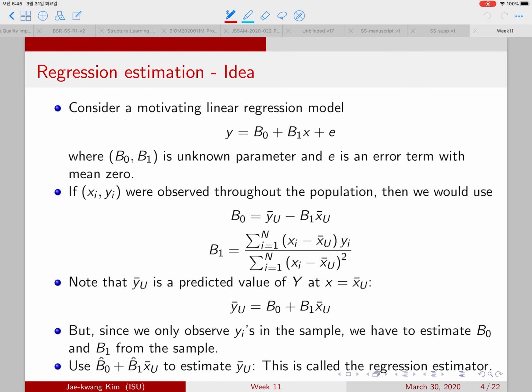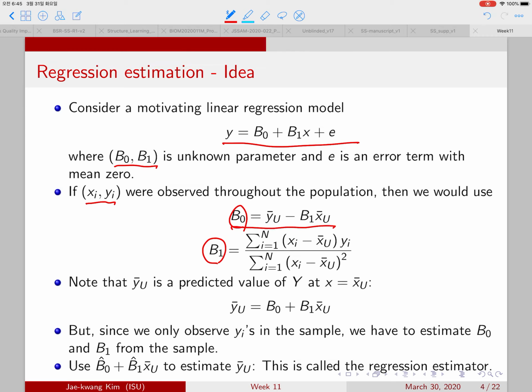To motivate the regression estimation, consider a linear regression model, where B0 and B1 are unknown parameters, and e is the error term with zero mean. If x_i and y_i are observed throughout the population, then the slope and intercept can be computed by this formula.